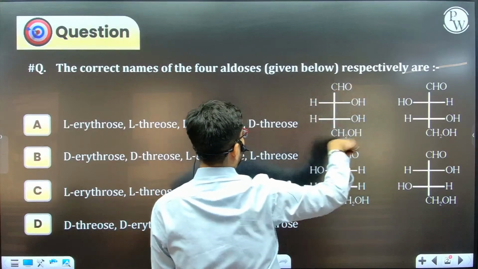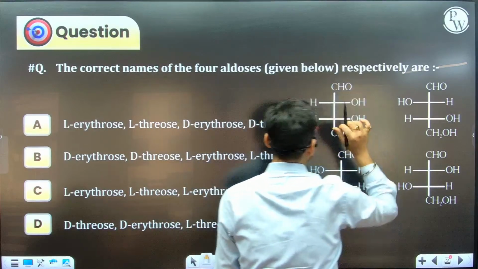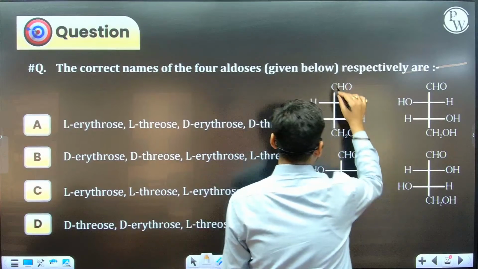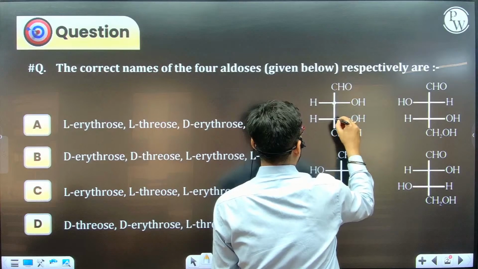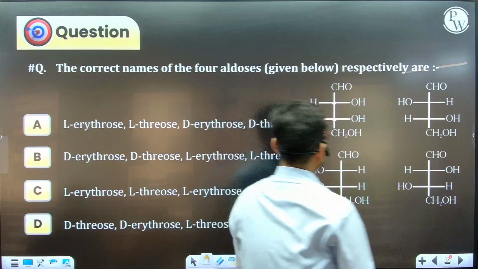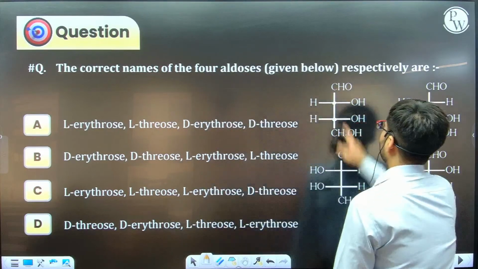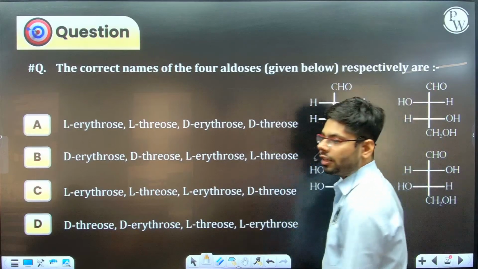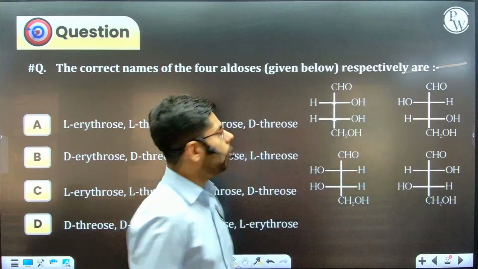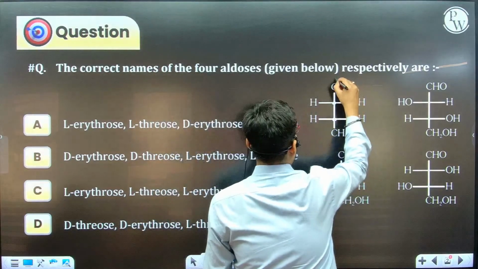Let's start with this. This Fischer projection has 2 chiral carbons. These are the 2 chiral carbons, right? Now at the top you have CHO, everywhere at the top you have CHO. If at the top you have CHO, then you can put number 1 on that.